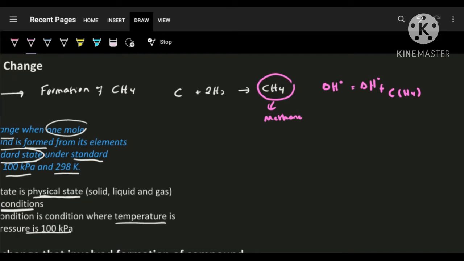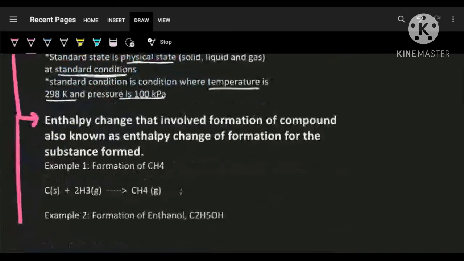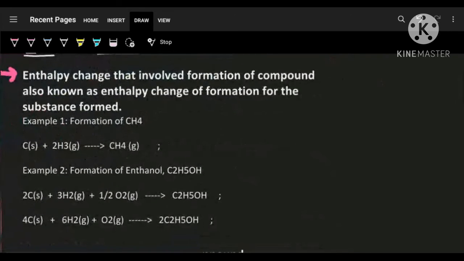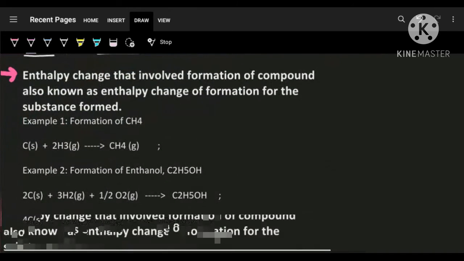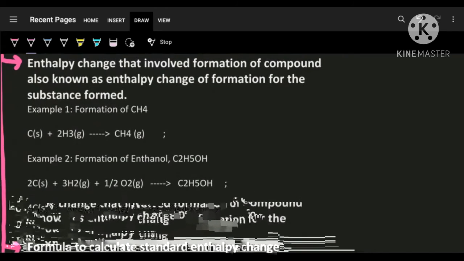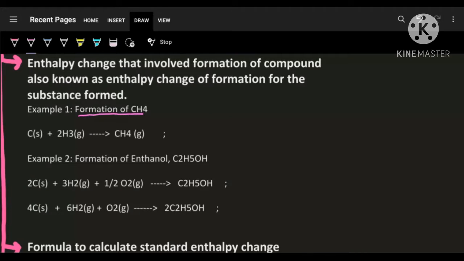The enthalpy change that involves the formation of a compound is also known as the enthalpy change of formation of the substance formed. This is example one, the formation of CH4, which is methane. This is an example chemical equation for methane.